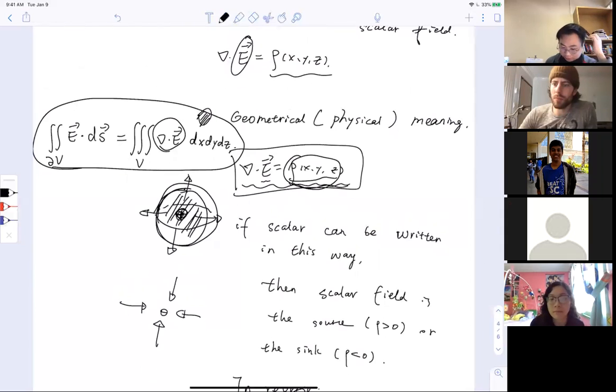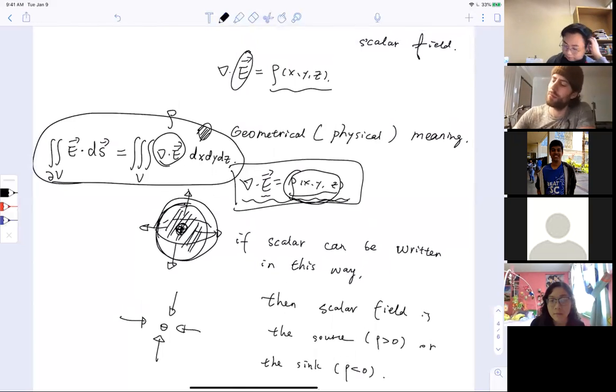For the left side we did the same, but for the right we did not do the divergence. We did the integral of the rho. Yeah, thank you. According to the Maxwell equation, the rho is nothing but the divergence of this electric field, right? So they're kind of related.